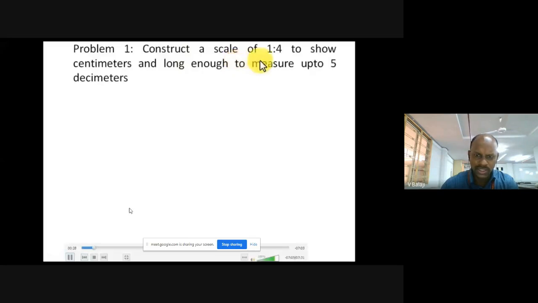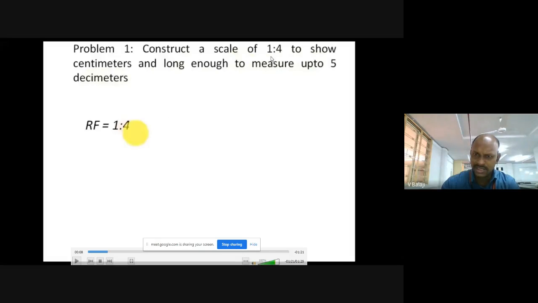So, if you see this problem, RF is given directly. Okay, you need not do anything. That means drawing size is 4 times less than the actual size. That is the meaning. Drawing size numerator is 4 times less than the actual size. Here it is denominator 4.